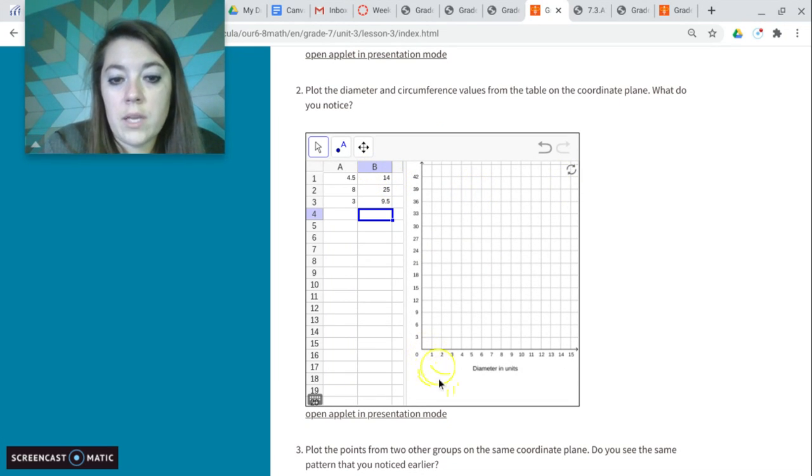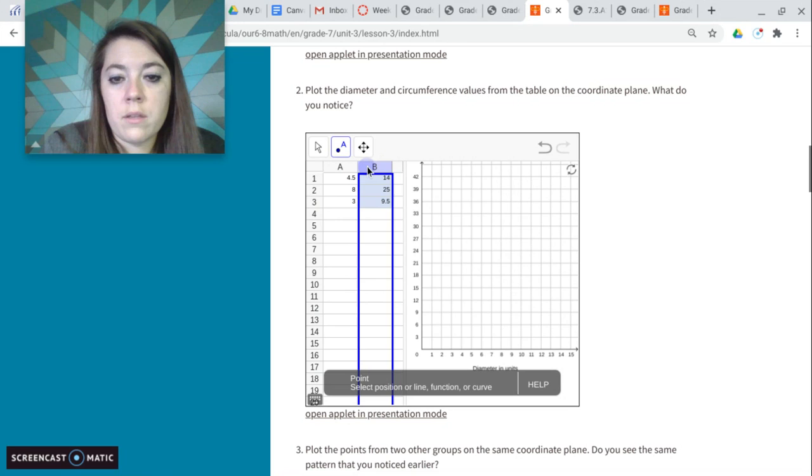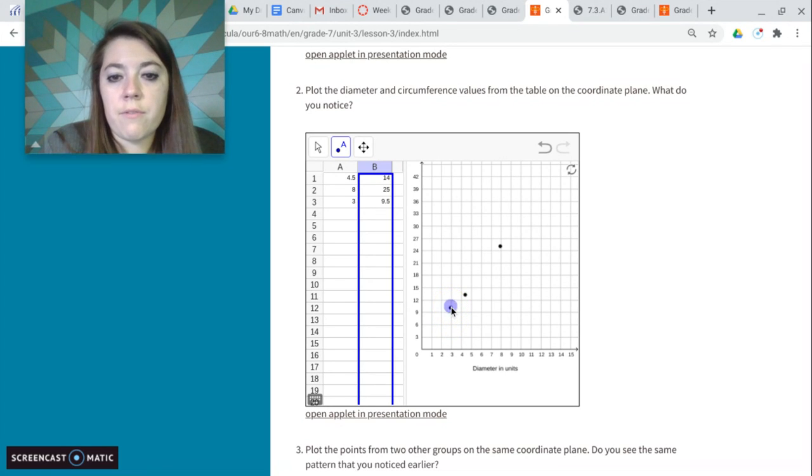Now it should graph it, but it doesn't look like it's going to. Okay, so 4.5 and 14. Be right about there. We've got 8 and 25. And we have 3 and 9.5.